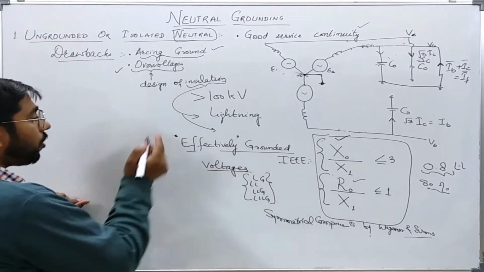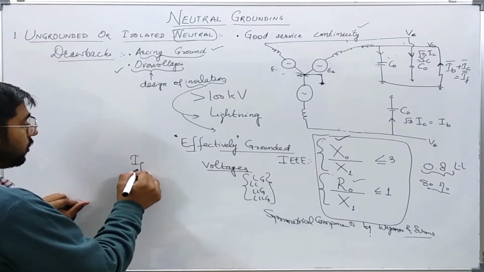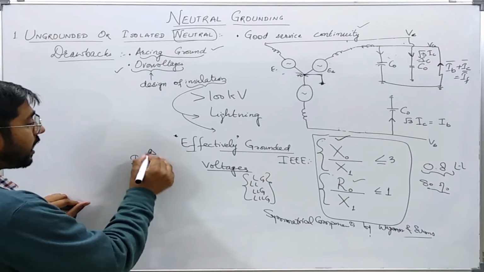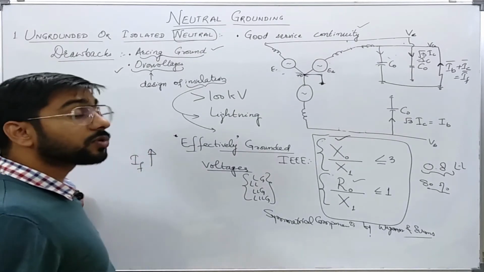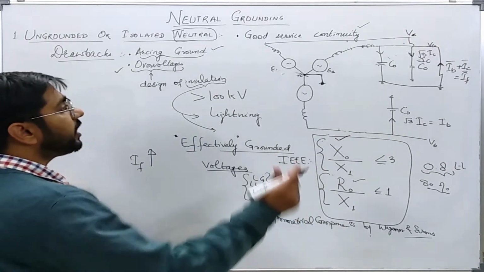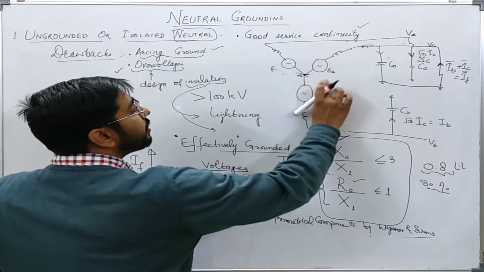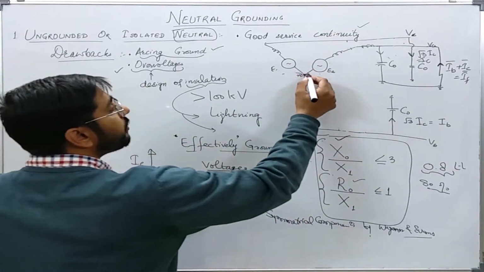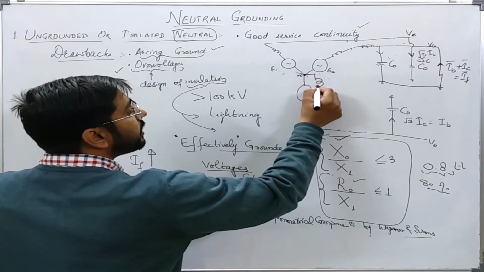The fault currents will be very high. So how do we remedy that? Instead of solidly grounding the neutral, we will ground it using some reactance.